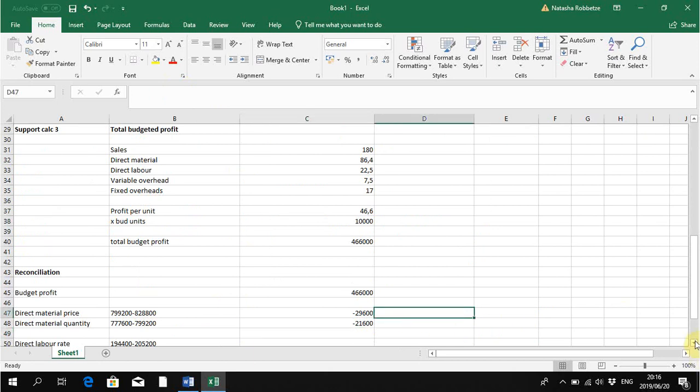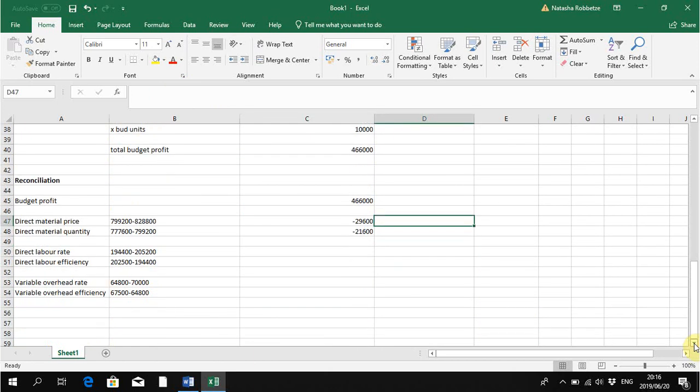Right, please note that you need to indicate whether these variances are favorable or unfavorable. Clearly, if it's a minus, it's unfavorable. If you get a positive answer, it's favorable.